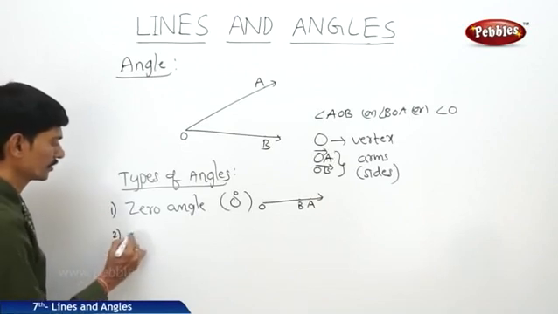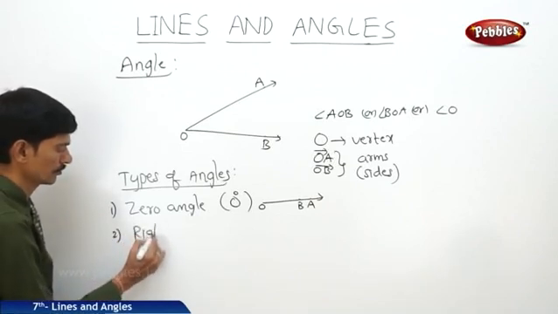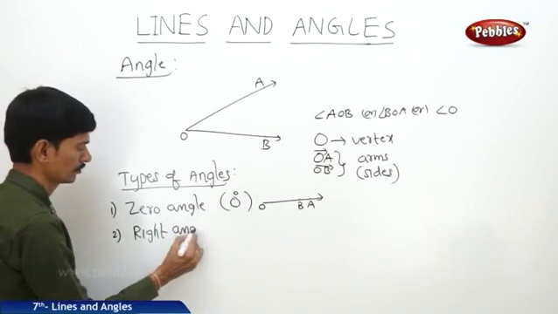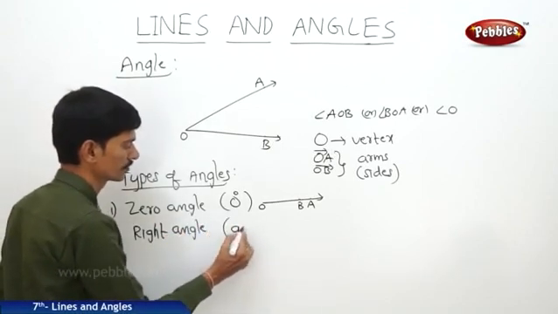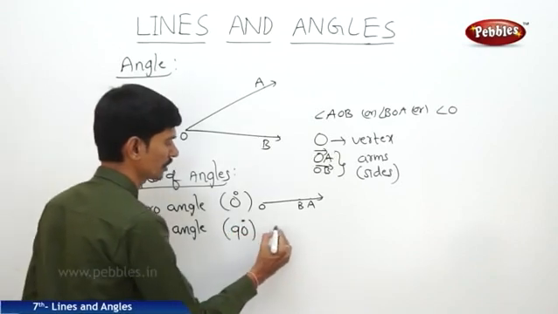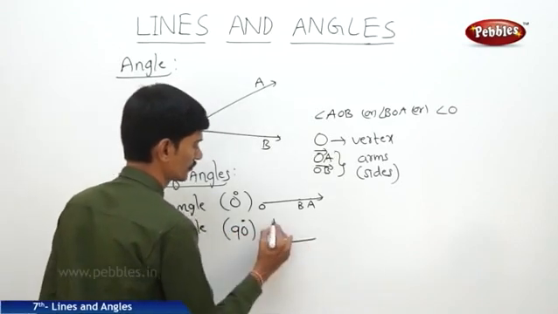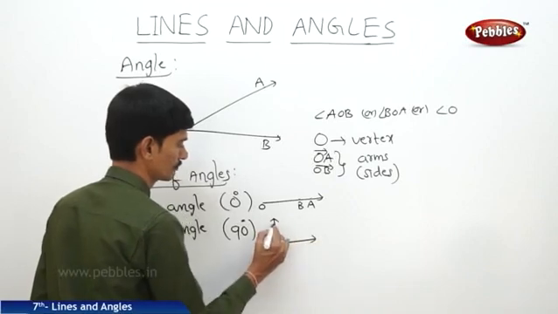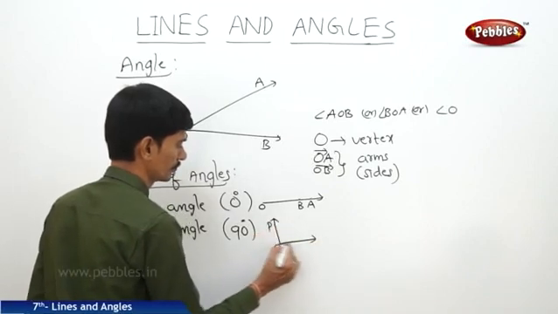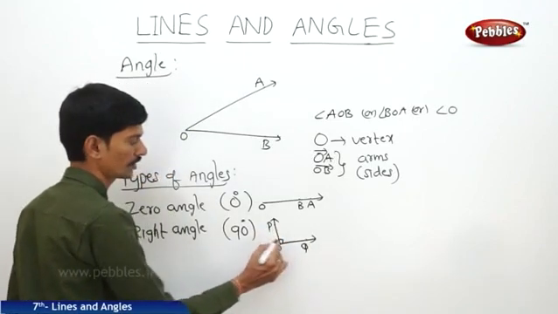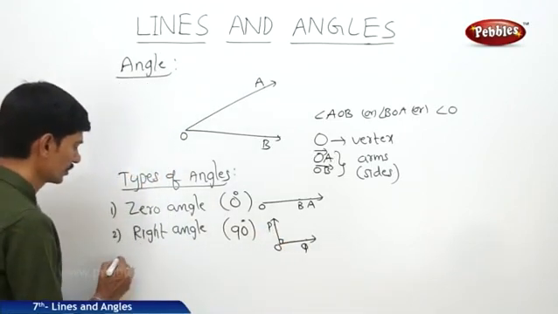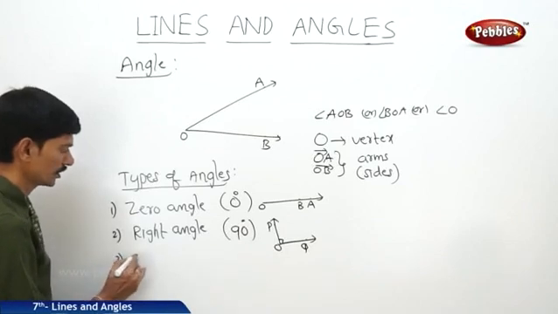And the second angle, right angle. An angle whose measure is 90 degrees is called a right angle. So this angle is right angle, 90 degrees, and the next, straight angle.